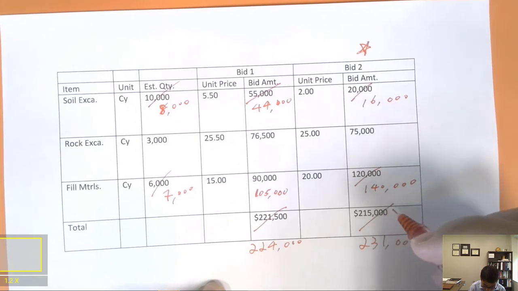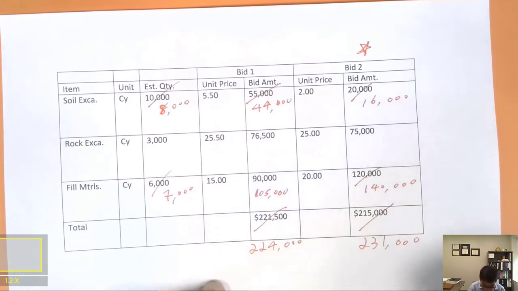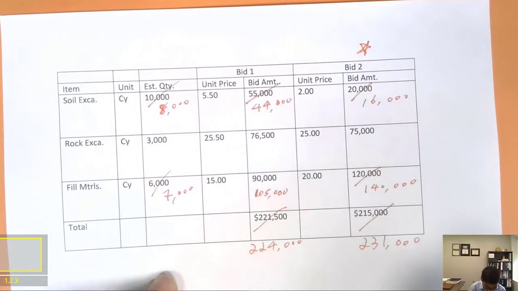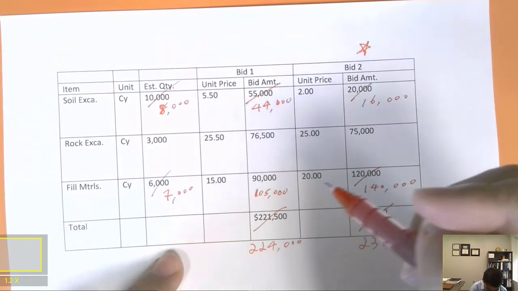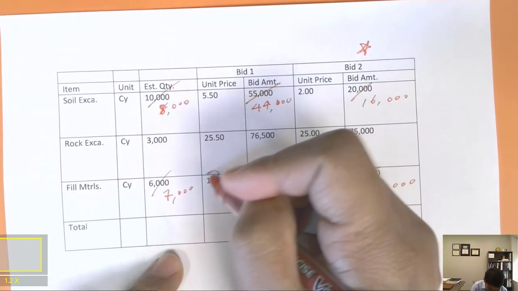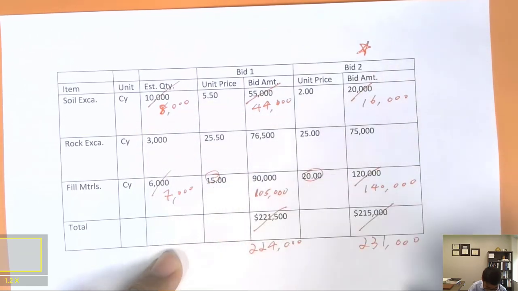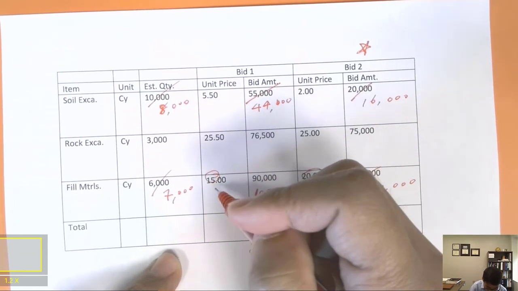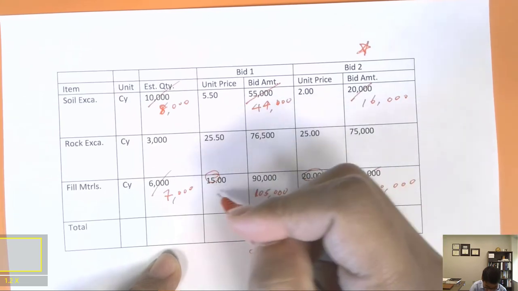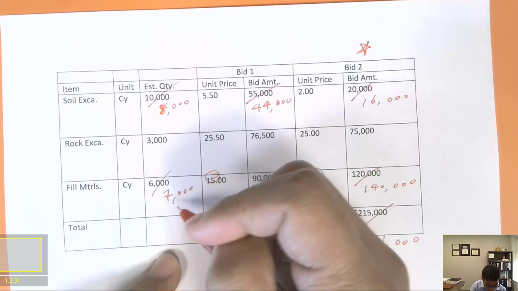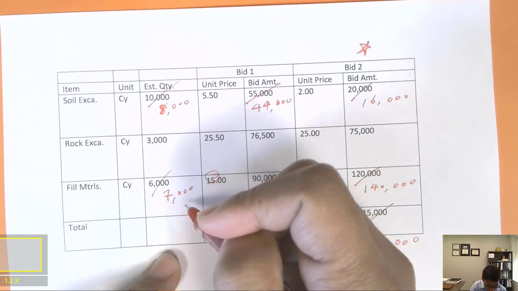You can see bidder 2 is a little bit lower, but because of the unbalanced bid, they intentionally increase the price of the items that they foresee there will be an increase in the quantity, and so the price difference is about $5 for the item that's going to increase a lot in quantities.